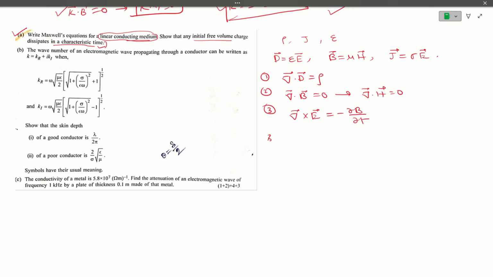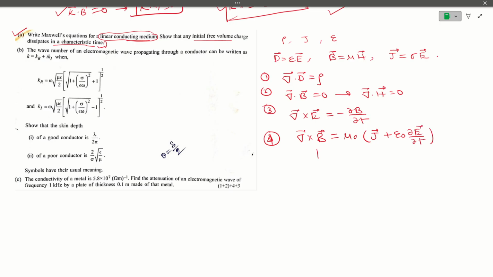And the fourth one is basically curl B equals mu naught times J plus epsilon naught del E by del T.